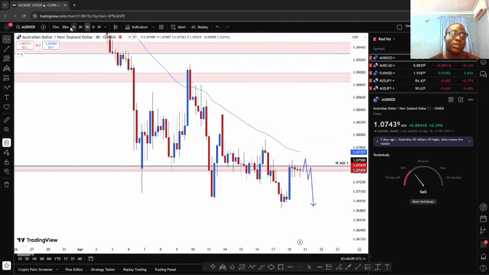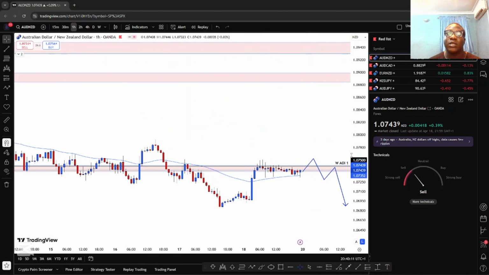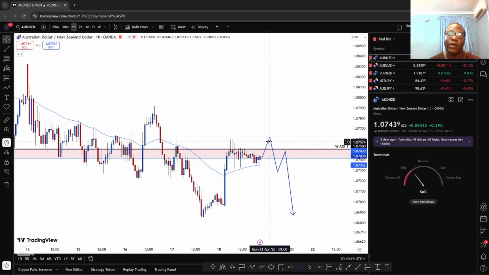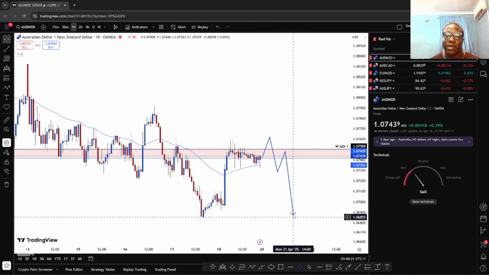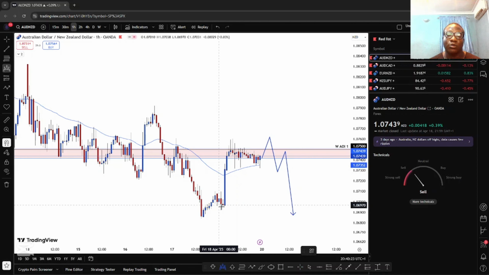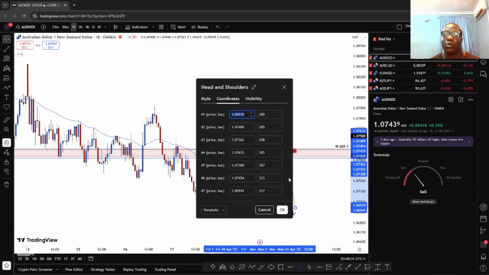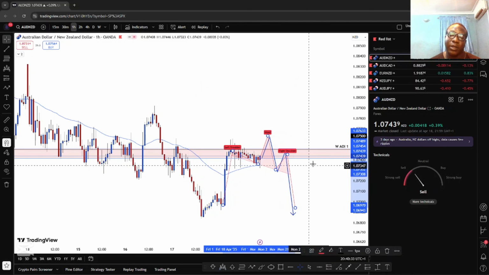I'm waiting for the lower time frame to give us a move above our area of interest, then giving us a shift of structure, which I'm waiting for the retest to take the trade to the downside. And at the same time, you will notice that the market is forming a head and shoulders pattern. So that's what I'll be waiting for this pair.